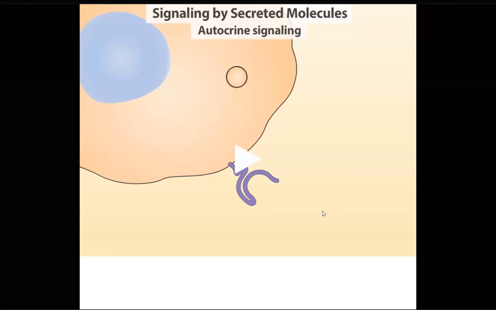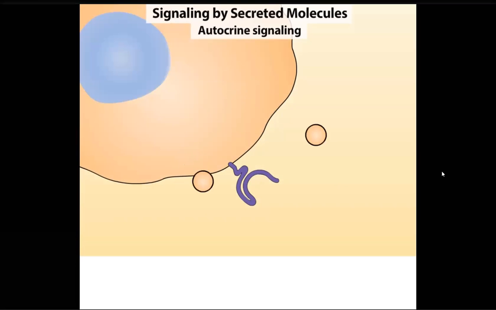For example, prostaglandins are secreted from localized cells which had certain injury, and they bind to neighboring target cells. Next point. In autocrine signaling, cells respond to signaling molecules that they themselves produce.